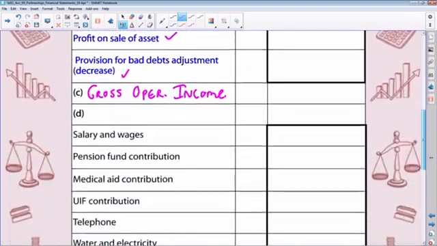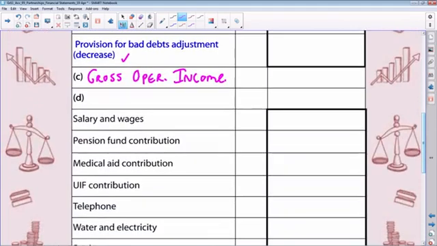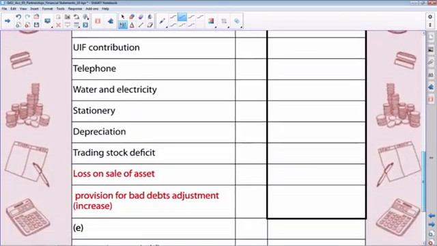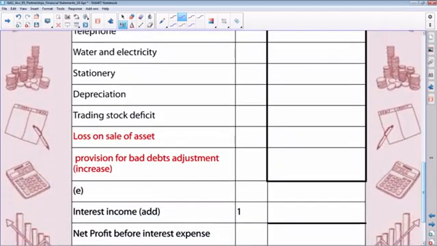So after adding your other expenses, we get a total for other operating expenses, or you can just write down operating expenses. Right, and then finally, the last missing item. If we look at E, your last item is obviously your operating profit.